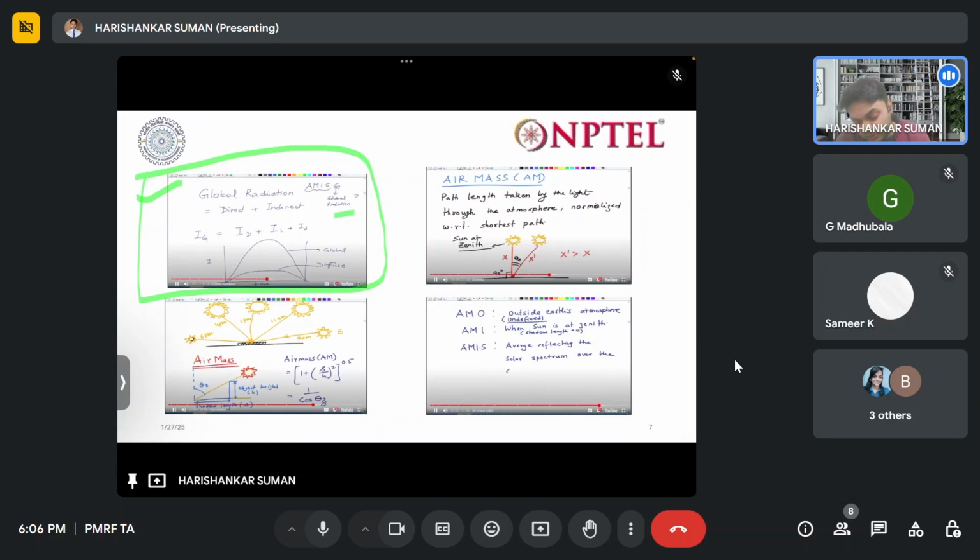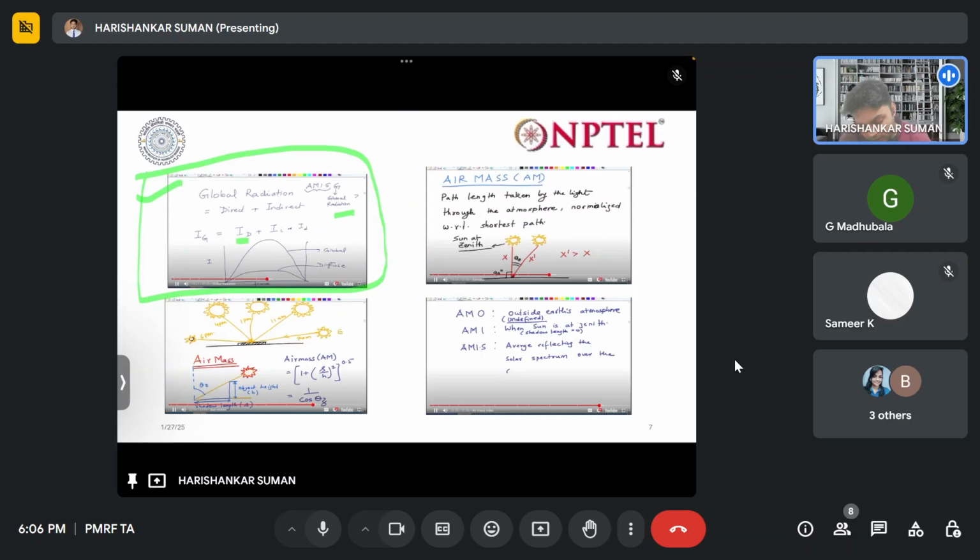So global radiance is the sum of direct and indirect. So the sum of total radiation, direct or indirect, is called global. The term is global. And what is AM 1.5? We will discuss it with the question.